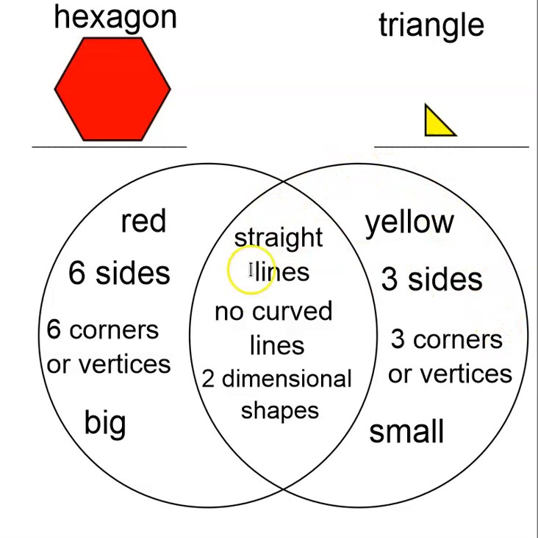And this circle here are the attributes of a triangle, and on this side is how a triangle is different than a hexagon, and in the middle here is how they are similar. Great job today, boys and girls, comparing and contrasting the attributes of 2-dimensional shapes.